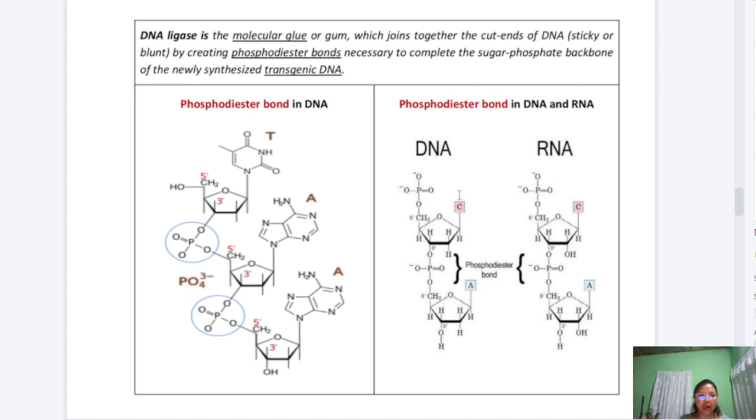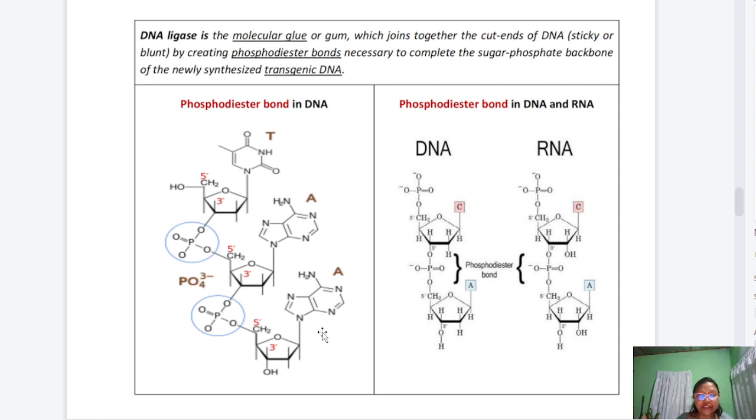Okay. So we will take up DNA ligase in the next class, in the next topic. But now you can see what DNA ligase basically does. DNA ligase is a molecular glue which will join together the cut ends of DNA, the sticky ends or the blunt ends, by creating a phosphodiester bond necessary to complete the sugar-phosphate backbone of the newly synthesized transgenic DNA.